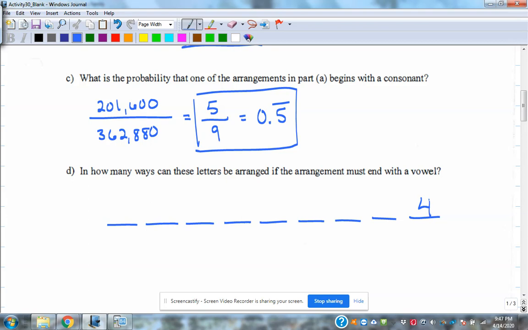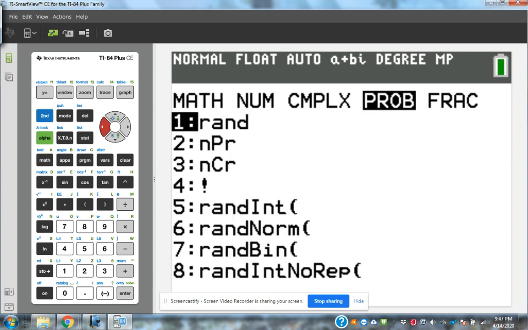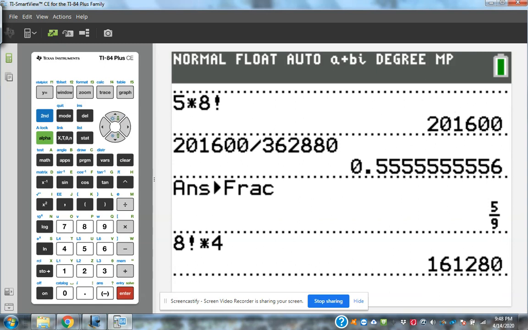If we're choosing one of the vowels at the end, that means we only have 8 choices at the front, then 7, 6, 5, 4, 3, 2, 1. So this is 8 factorial times 4. That's 8, math, probability, factorial, times 4, which is 161,280.